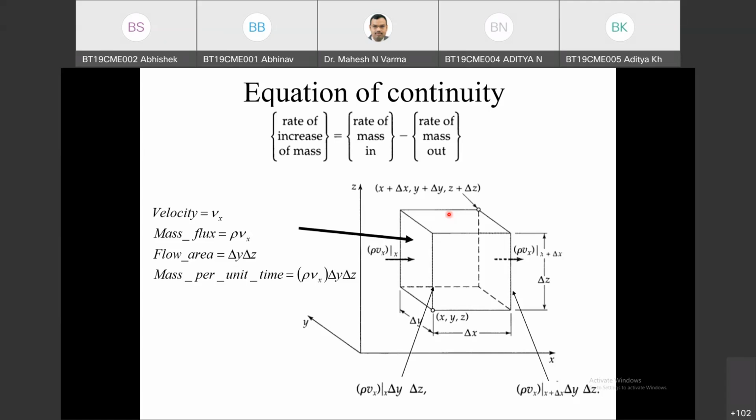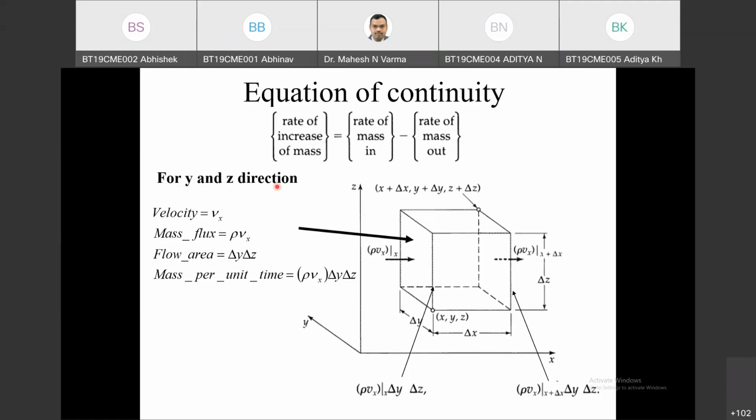The flow area in Z direction is delta X into delta Y. Sorry, sir, delta x into delta y. That is estimated at z and at z plus delta z. So similarly, you will get the rate of mass for Y direction and Z direction.